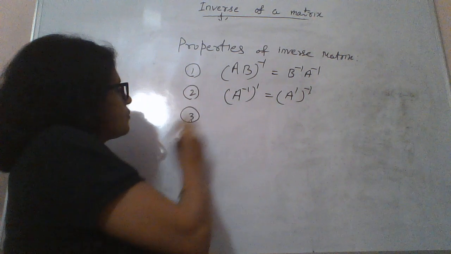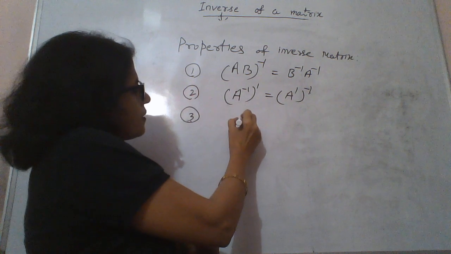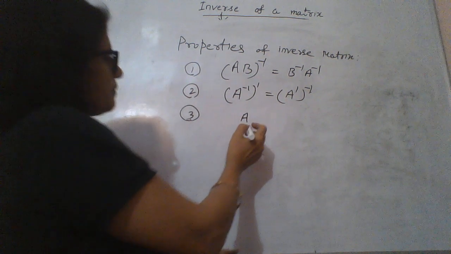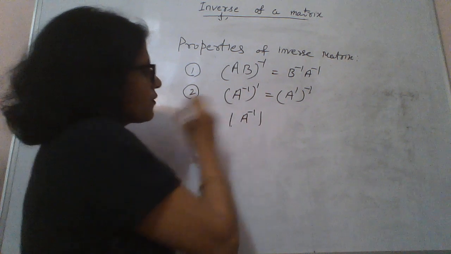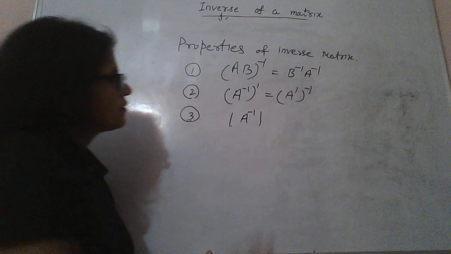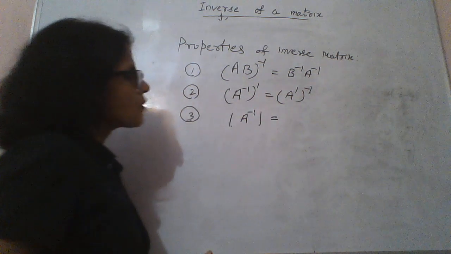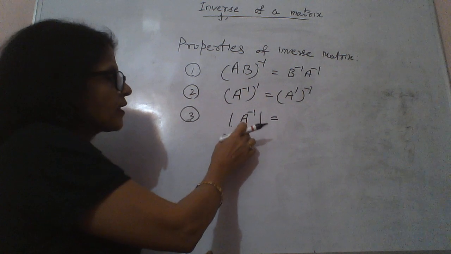Third property is, whenever you take the determinant of A inverse, as you know, A inverse is a square matrix. So if the inverse of any matrix exists, it is a square matrix only.